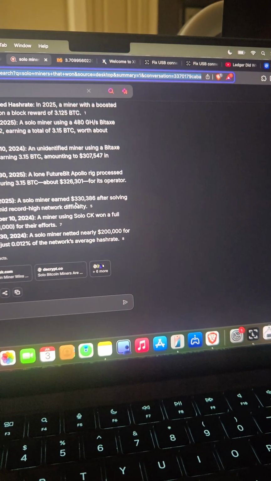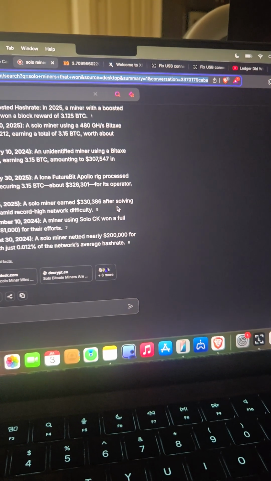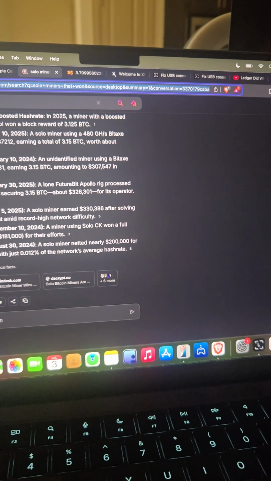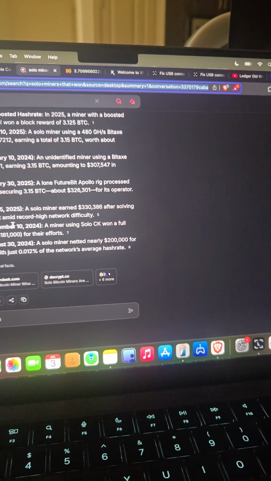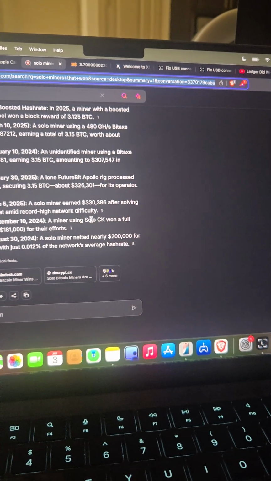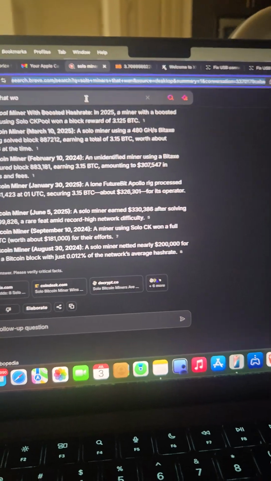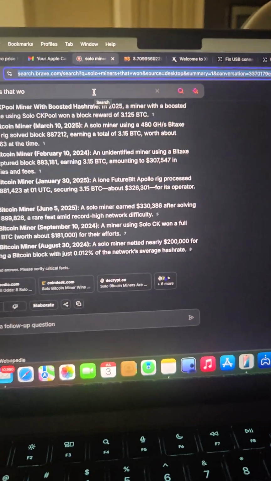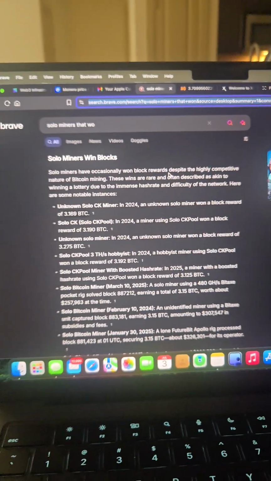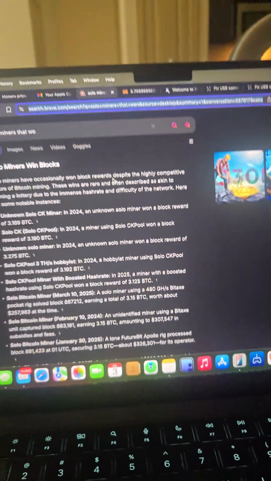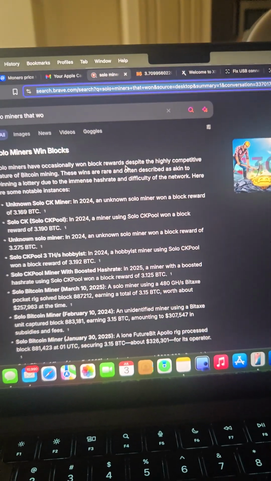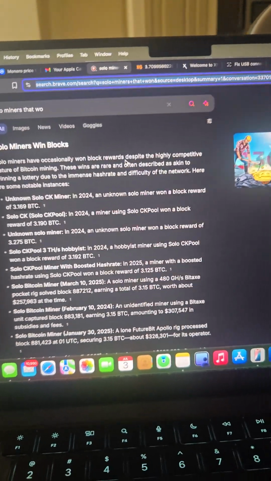A solo miner earned $330,000 after solving block 899,000, a rare feat amid record high network difficulty. So, like I said, the whole process of mining is a lottery system, but it's genius because it takes away the ability for a government, a bank, or some large institution or corporation to control Bitcoin.